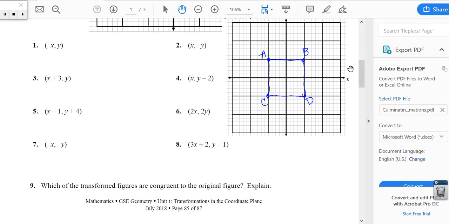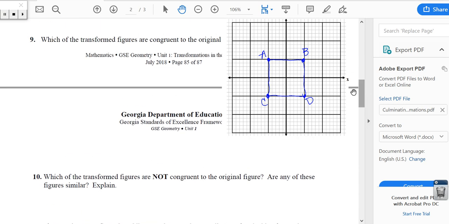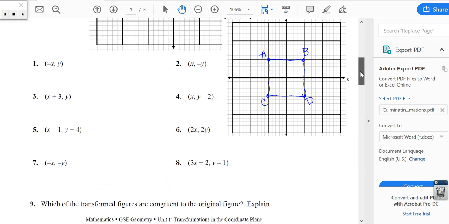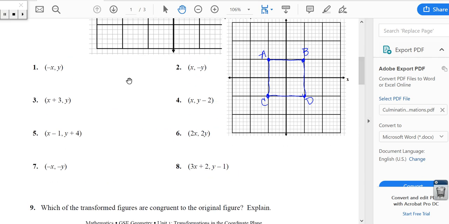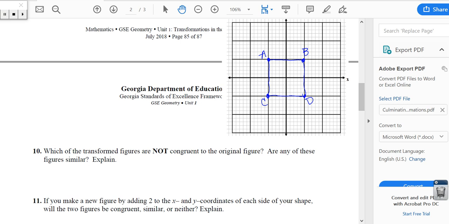Okay, let's keep going. It says which transformations are not congruent to the, wait, I'm sorry guys, it's not 1 through 7. It's 1 through 5 and then 7, because 6 and 8 are not rigid transformations. 6 is a dilation and 8 is a horizontal stretch, which makes the picture only stretch out on one side.